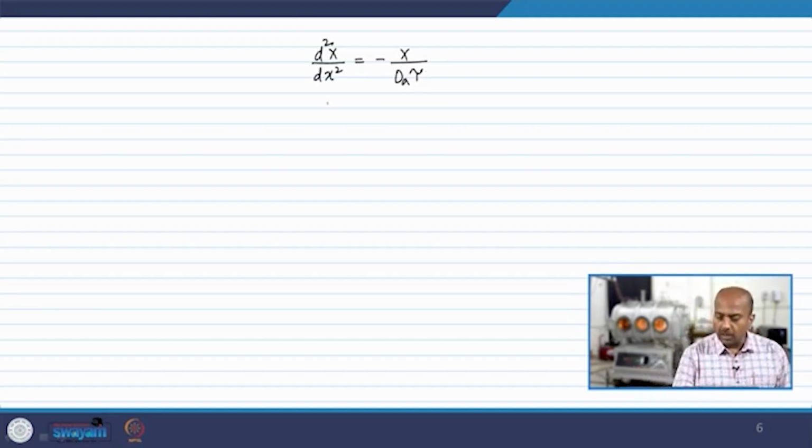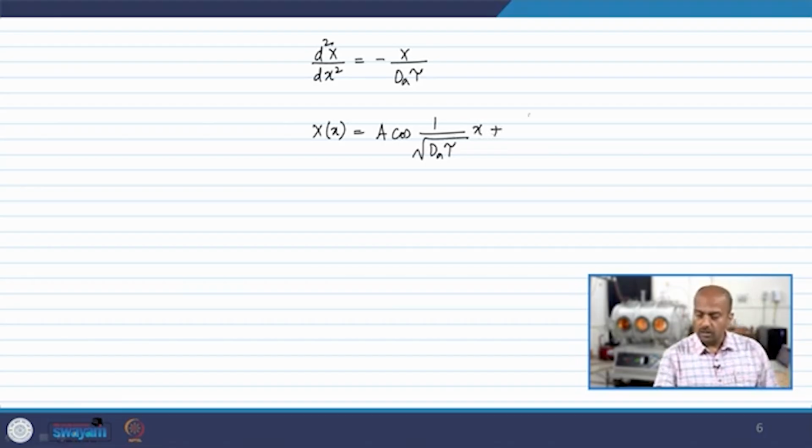So, the solution can be of this form: X of x is A cos (1 by square root of D_a tau) x plus B sin (1 by square root of D_a tau) x, right.